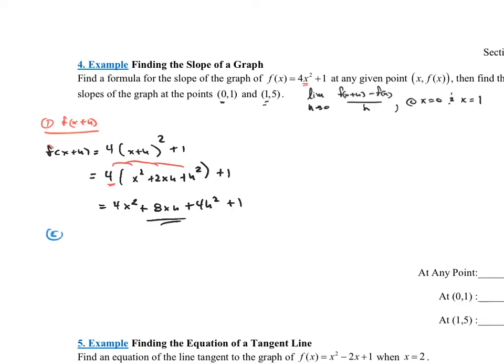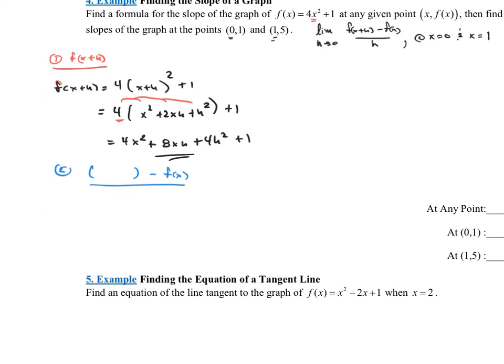Step 2 again would be take exactly what you got and then subtract off the original function. So what did we just get? We just got 4x squared plus 8xh plus 4h squared plus 1. From that, we're subtracting off the original function.